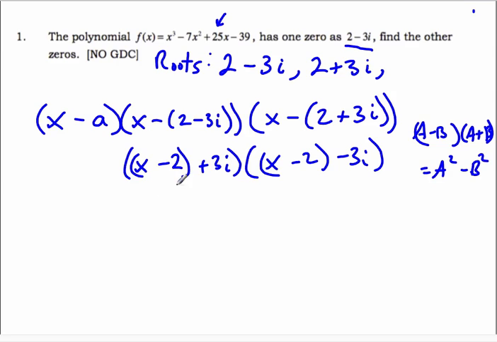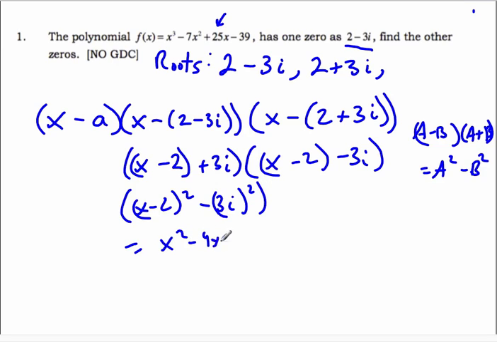So we can use that right here to simplify this. It's going to be x minus 2 squared minus 3i squared, which equals x squared minus 4x plus 4, and this is going to be minus 9i squared, which is actually just plus 9, right?